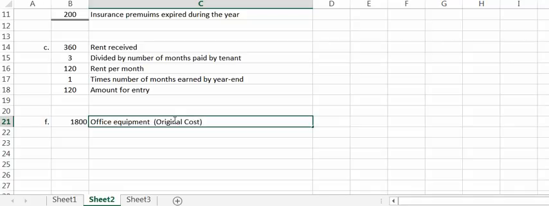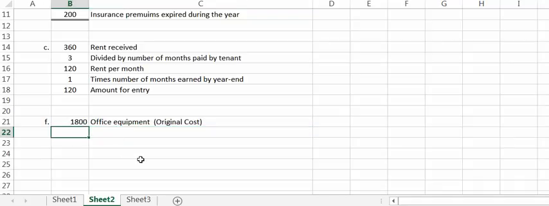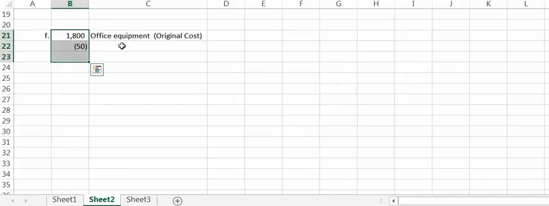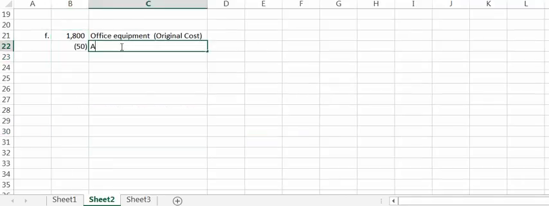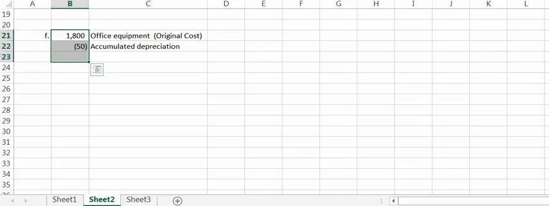Of course, we wouldn't type in original cost, but that's what that number is. And then if depreciation for the year was $50, we would show that $50 accumulated depreciation as a reduction of the office equipment amount on the balance sheet.